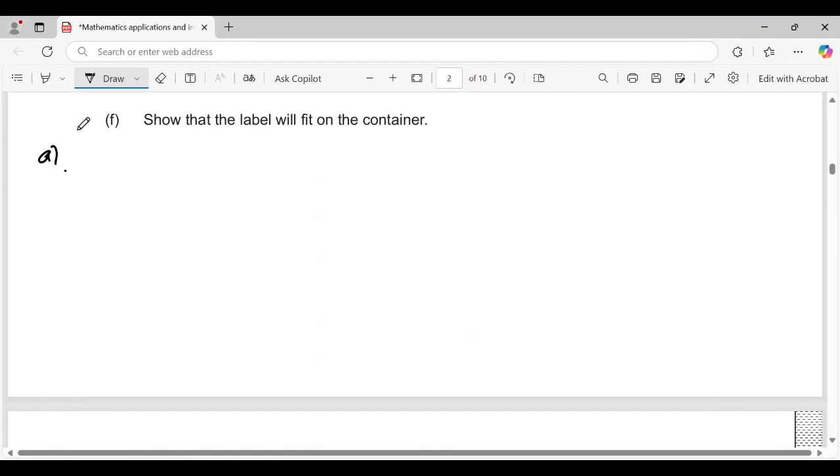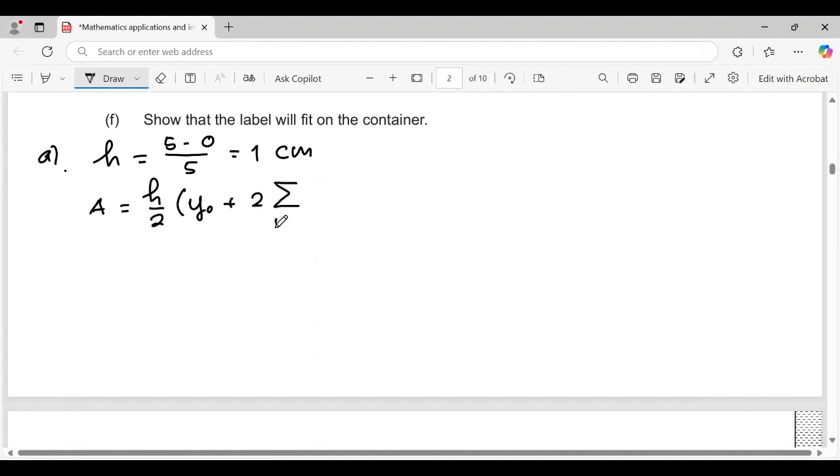Since there are 5 intervals, we can determine the width of each interval through h equals 5 minus 0 over 5, which equals 1 centimeter. Using the trapezoidal formula to find A, A equals h divided by 2 times y0 plus 2 sigma i equals 1 to n minus 1 of yi plus yn.